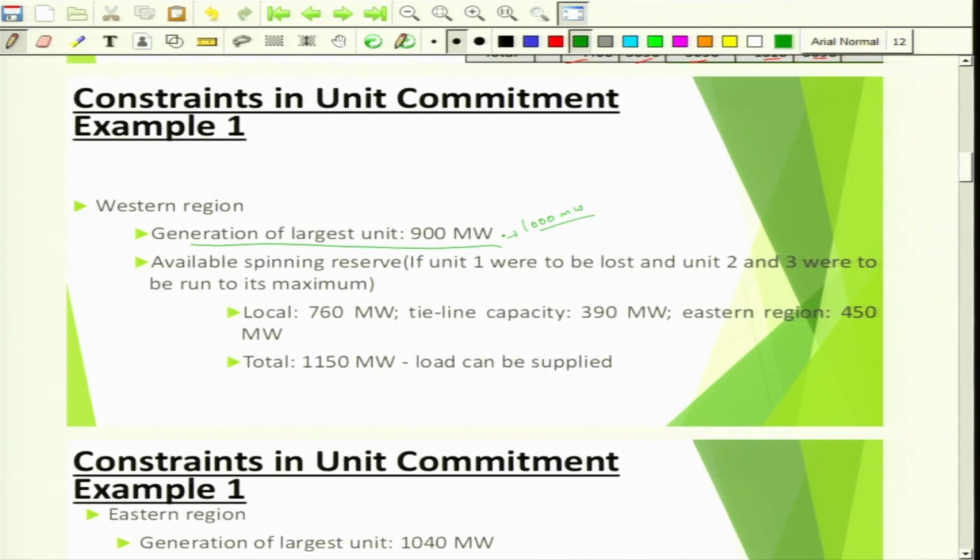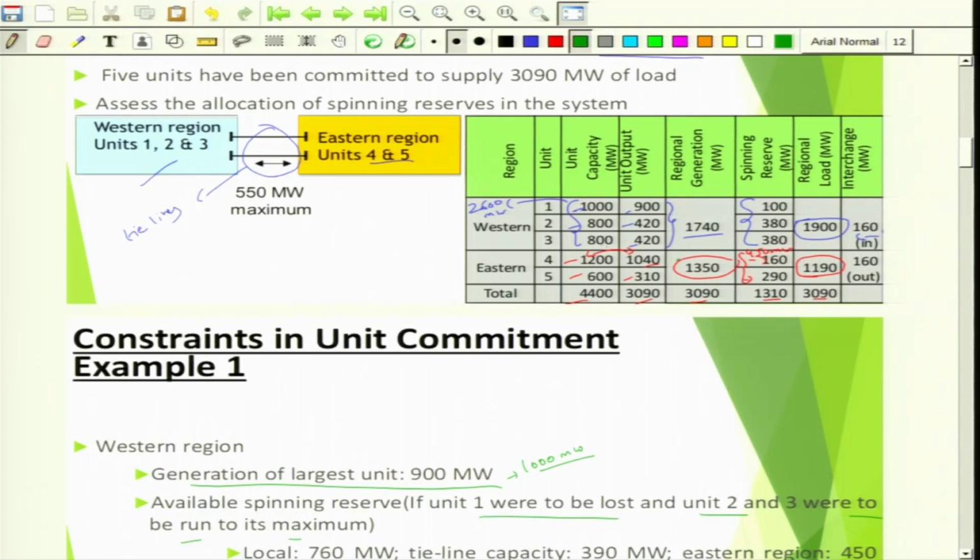Now what is the available spinning reserve? If unit 1 were to be lost and units 2 and 3 were to be run at their maximum capacity, then you can see here. So what is the load actually?